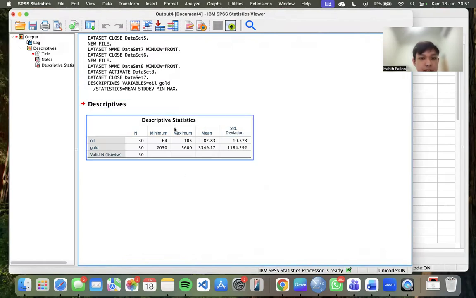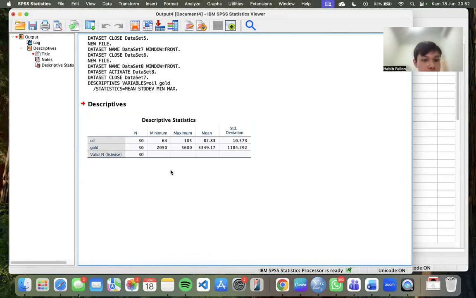From this descriptive statistics table, the world oil prices variable has a minimum value of 64 and a maximum value of 106. The average for oil is 82.83 and the standard deviation is 10.573.